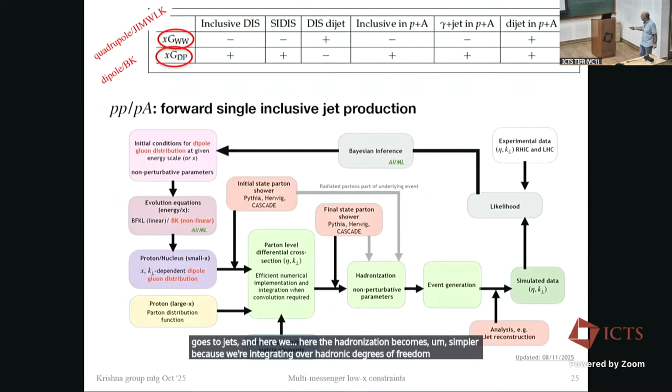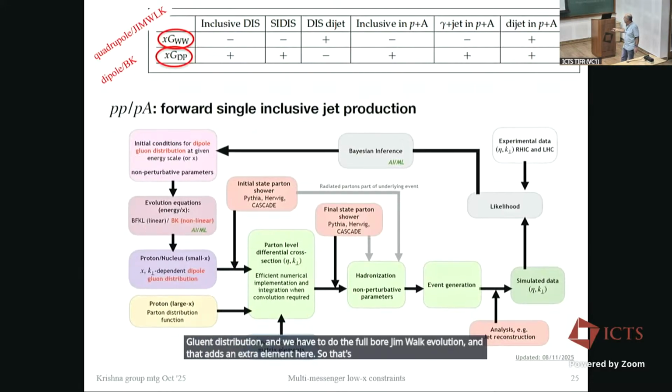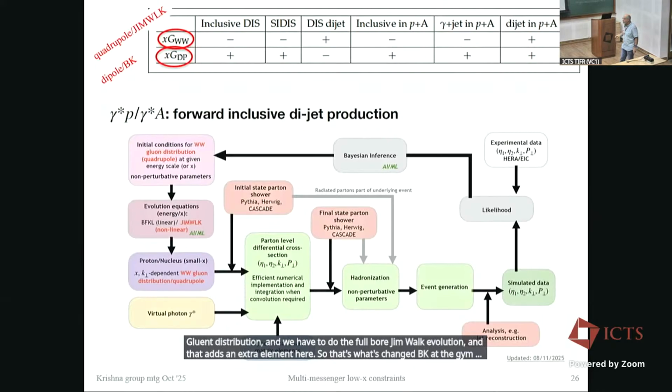So the uncertainties here would be rather lower, but now we have jet reconstruction coming in. And finally, dijet production probes the quadrupole gluon distribution, and we have to do the full-bore JIMWLK evolution, and that adds an extra element here. So that's what's changed, BK to JIMWLK, but you get the sense of it.